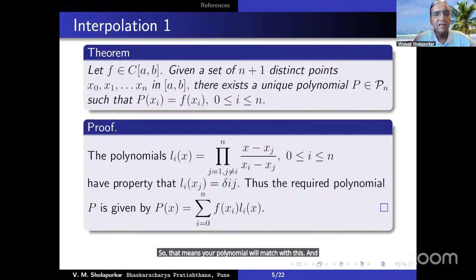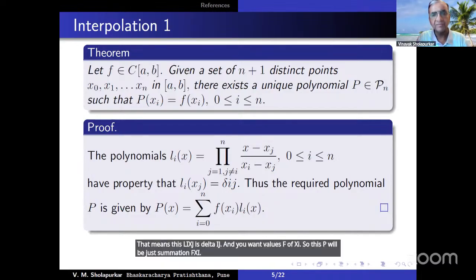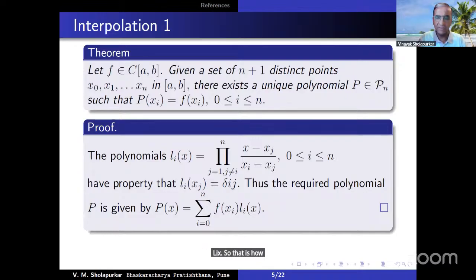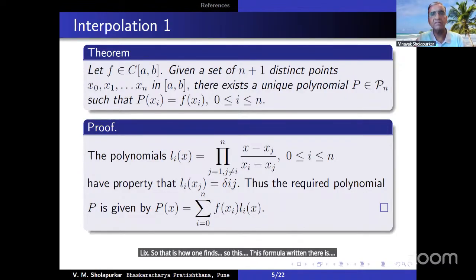And this p can be found, as you can see on the screen, by just considering these Li of x polynomials. That is the idea. That means Li of xj is delta ij, and you want values f of xi. So this p will be just the summation of f of xi times Li of x. So that is how one finds it. This formula written there is actually the Lagrange interpolation formula.